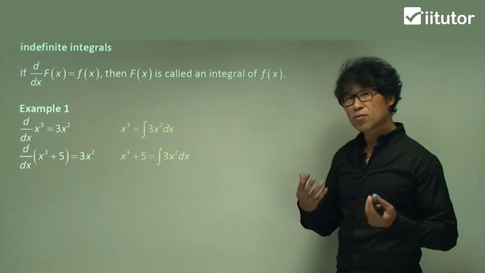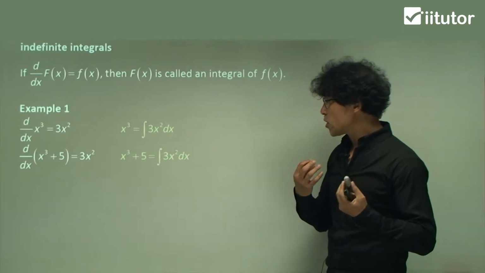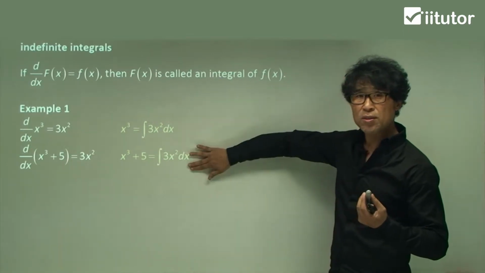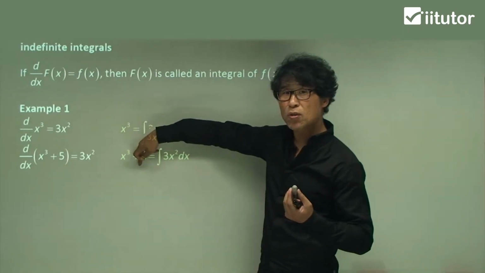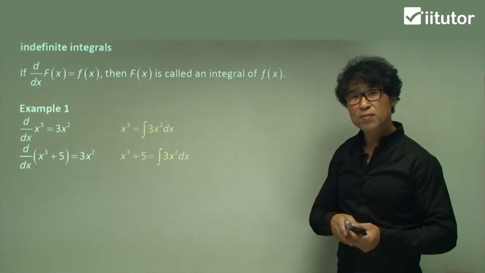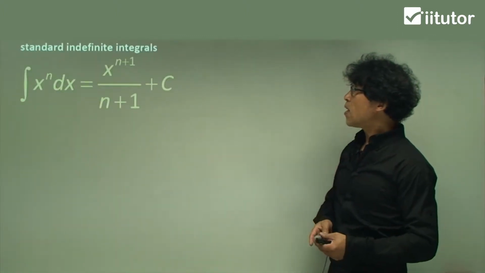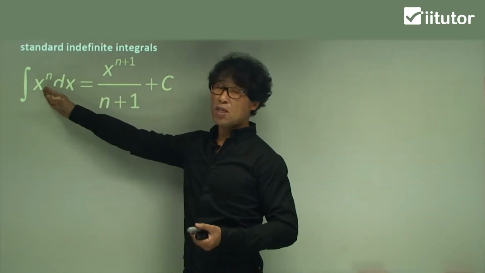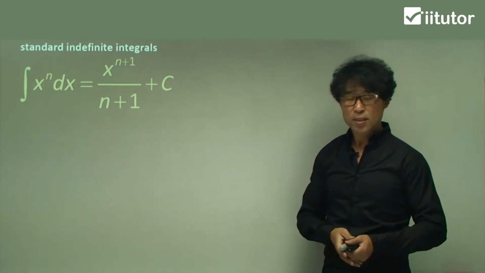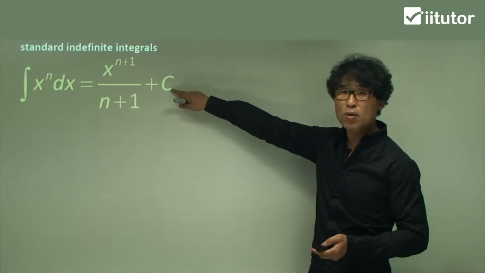Now, what you have to notice is that on the right hand side, they are the same integrals but having different results. The integrands are the same, but the constants are different. Due to the fact that if you integrate, there must be some kind of integral constant. We do not know what that is.